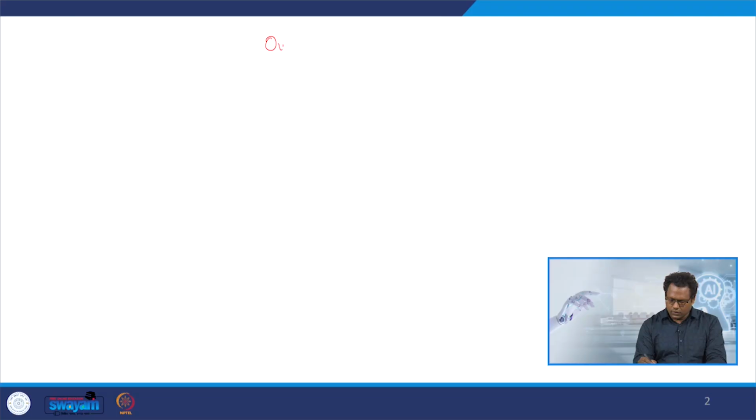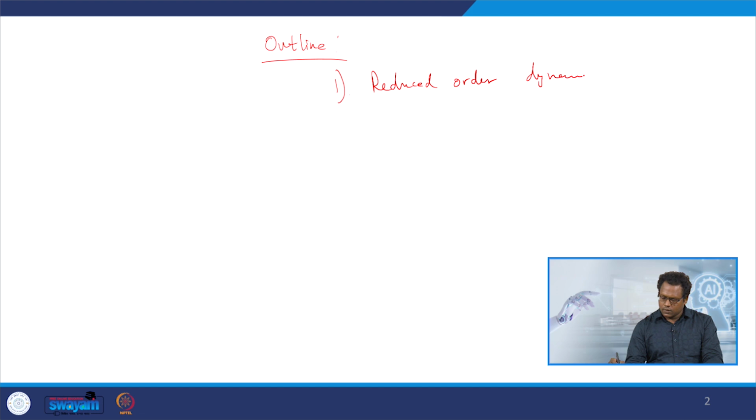Good morning everyone. Today we are going to see the lecture on neural networks based hybrid force position control of robotic manipulators. The outline of this lecture will be as follows. First we have the reduced order dynamic model of robotic manipulator when it is in interaction with the environment.